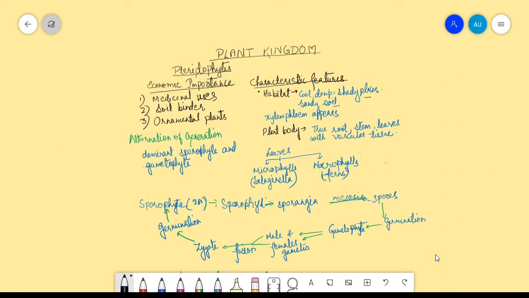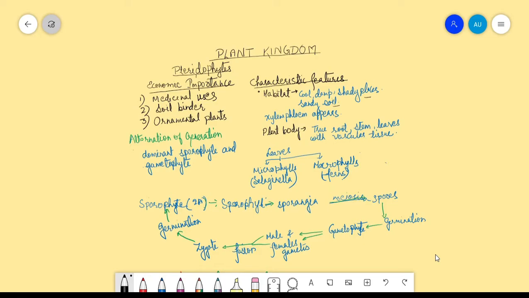Now the plant body exhibits true root, stem and leaves. Earlier, in algae and bryophyta, we have seen that they are thallus, that means they have no true root, stem and leaves, but in pteridophyta we can see true root, stem and leaves as well as the vascular tissue, that is the xylem and phloem, and this xylem and phloem starts from here only.